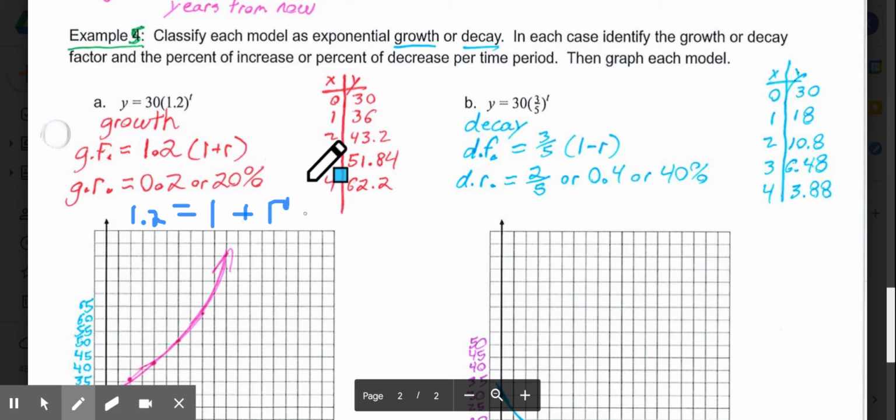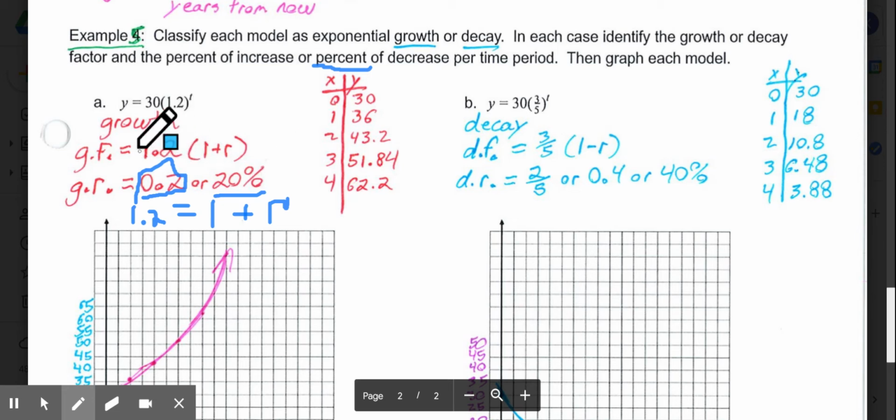To solve for r, we just want the growth rate. We would do the 1.2, our growth factor, minus 1, and that'll give us r. So r in this case is 0.2. But they didn't want the rate as a decimal, they wanted it as a percent. So we take the decimal 0.2, multiply that by 100, or move the decimal 2 spots to the right, and we get 20% for our growth rate.